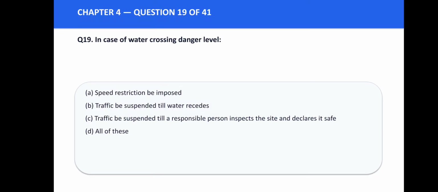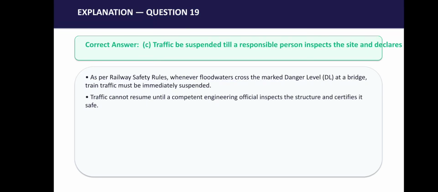The correct answer is option C. Traffic be suspended till a responsible person inspects the site and declares it safe. Explanation. As per railway safety rules, whenever floodwaters cross the marked danger level at a bridge, train traffic must be immediately suspended and cannot resume until a competent engineering authority inspects the structure and certifies it safe.